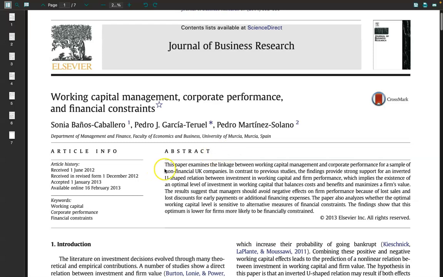Now, when we look at the abstract over here, we can see that this paper examines the linkage between working capital management and corporate performance for a sample of non-financial UK companies. Let me make an explanation.